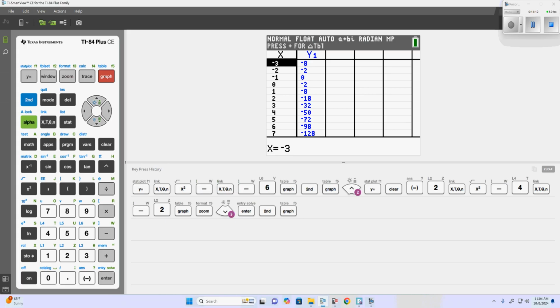Second graph will give us the table. And when we're solving by graphing, we're looking for what value of x will make the y value be 0, not when the x is 0. The only time we care if x is 0 is if y is also 0 at that point. Here, x is negative 1.